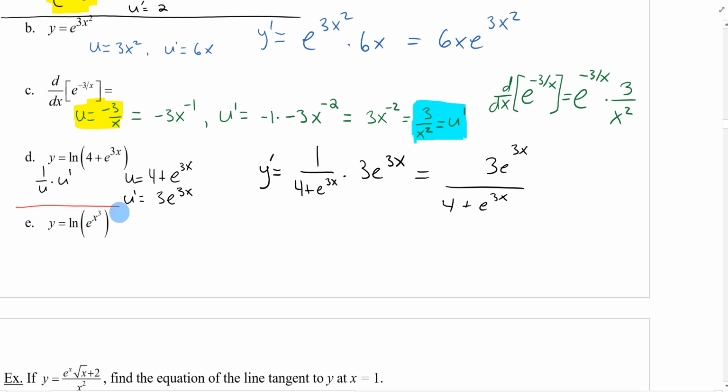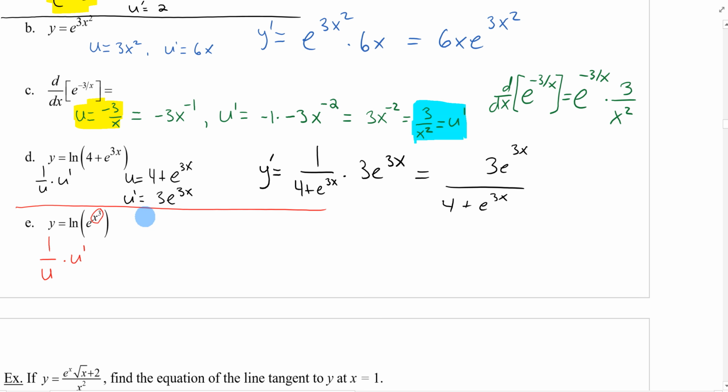Okay, let's go ahead and do our final example for this page. So this problem, you could do it using the ln rule, the derivative of ln u. You could do that. But I do know that e has a power of x to the third.